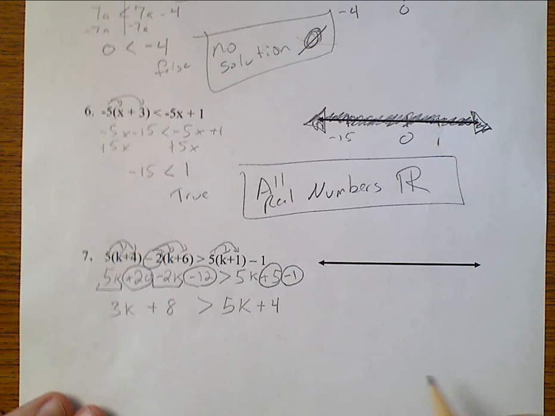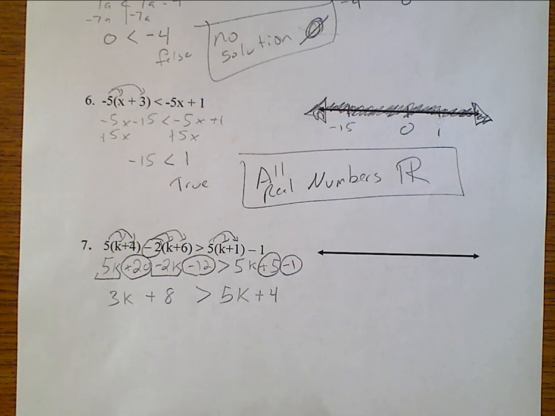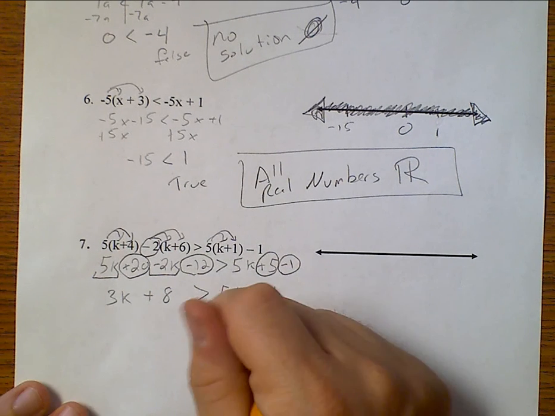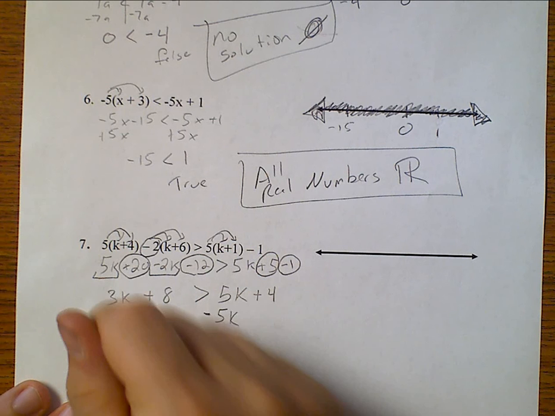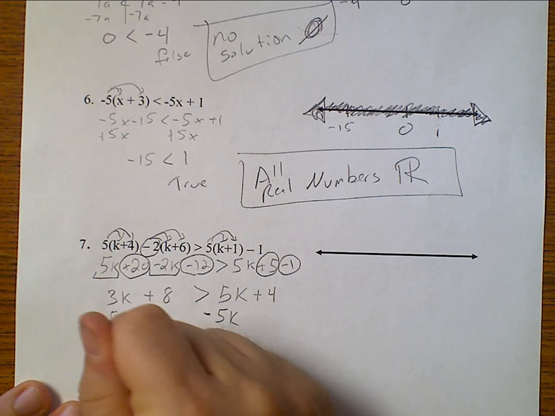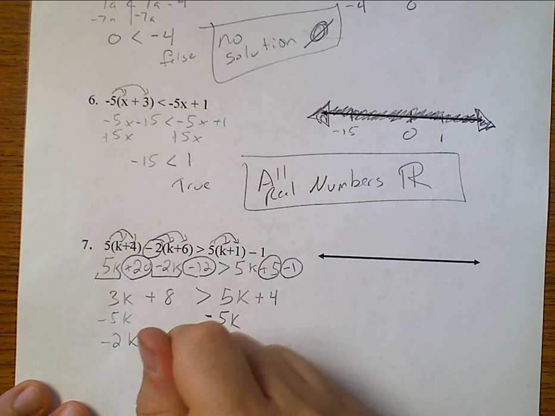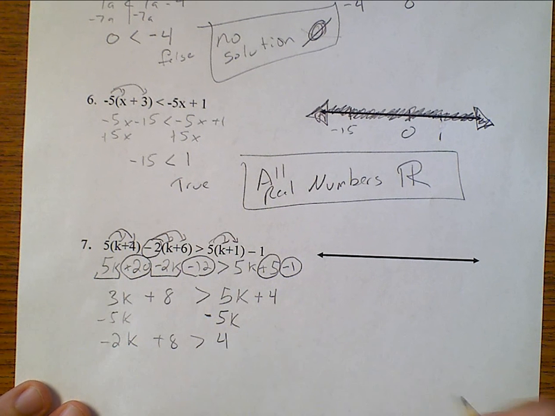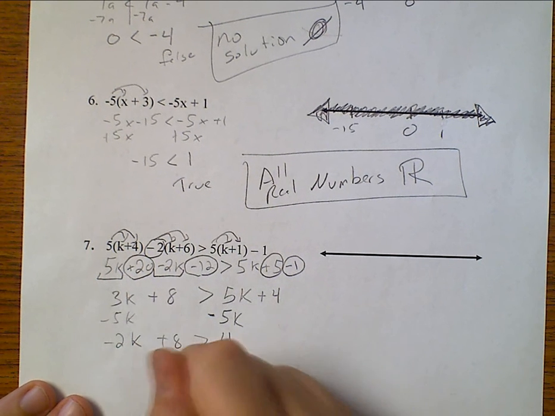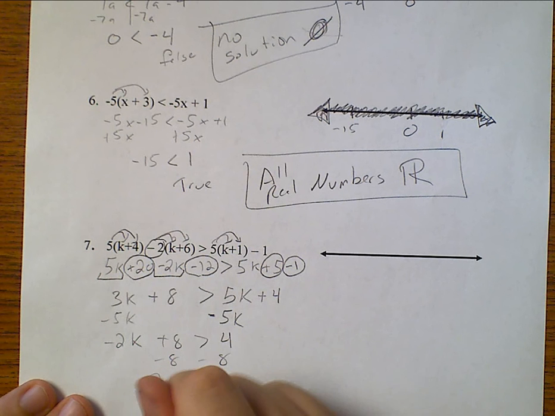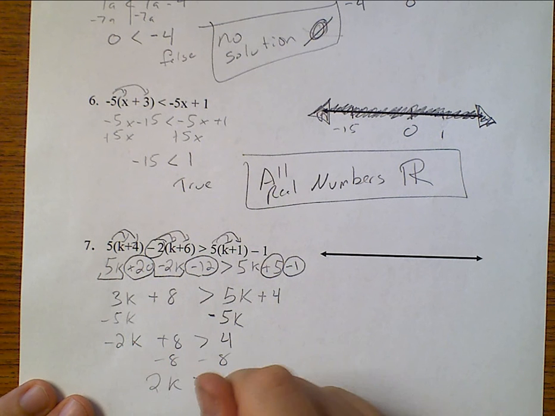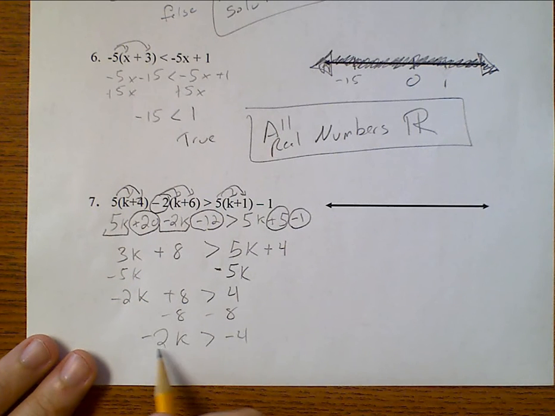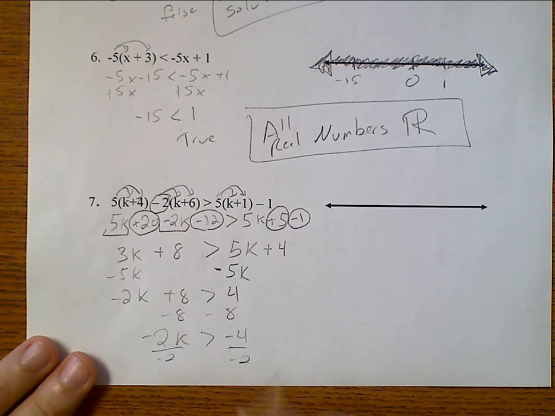Again, I want to always move my variables to the left when I have an inequality. Helps me to know which direction to shade. So I have a negative 2k plus 8 greater than 4. Subtract 8 from both sides. Negative 2k greater than negative 4. Divide both sides by negative 2.